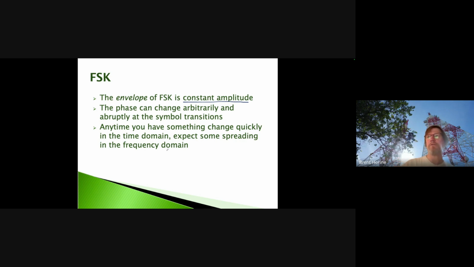So that's just to motivate these next few slides. Anytime you have something that changes quickly in the time domain, expect some spreading in the frequency domain, and that's bad. In this case, we see side lobes, or energy on the sides of the basic spectrum.